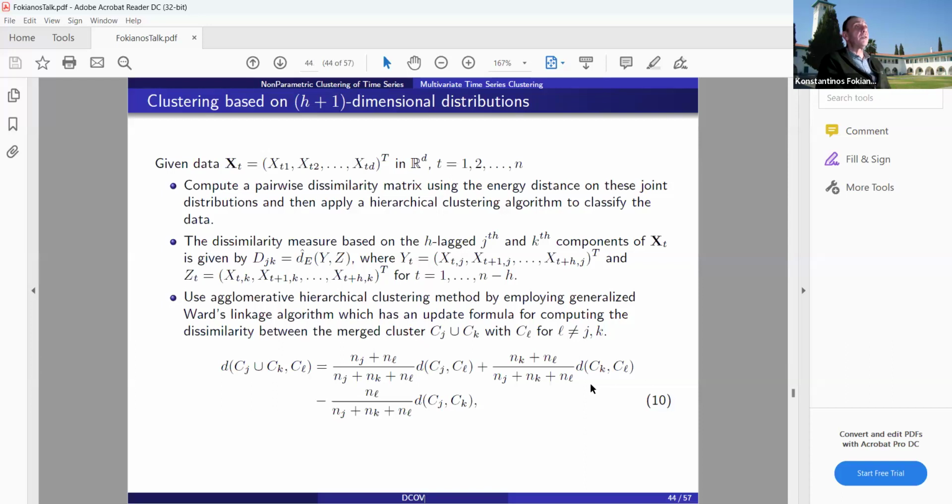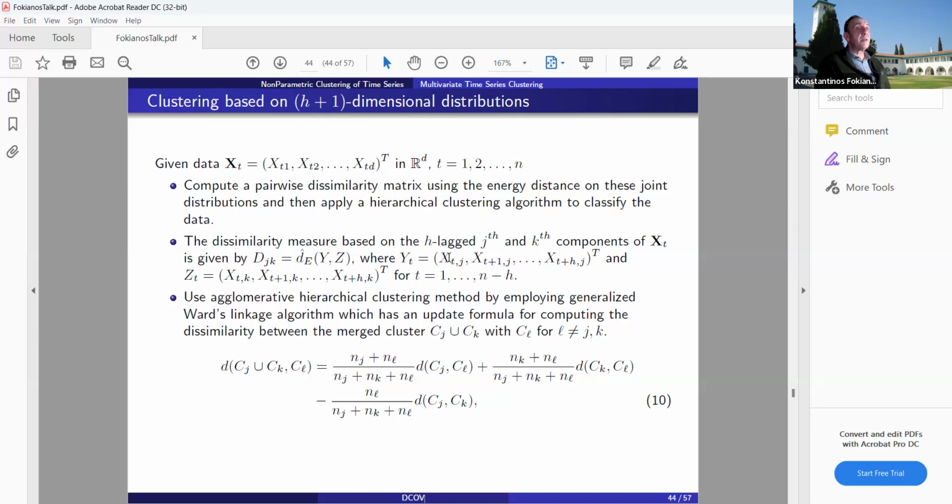So how should we use this? The idea is straightforward. We have t-dimensional data. We compute a pairwise dissimilarity matrix using the energy distance, and then we apply a hierarchical clustering algorithm. The dissimilarity measure is based on h lags.